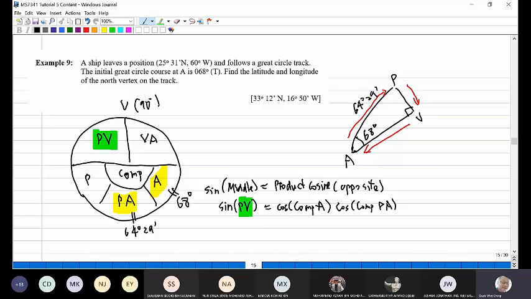Then we know that cosine of co-A is sine of A. Cosine of co-PA is sine of PA. So you will change it to sine of A, sine of PA.